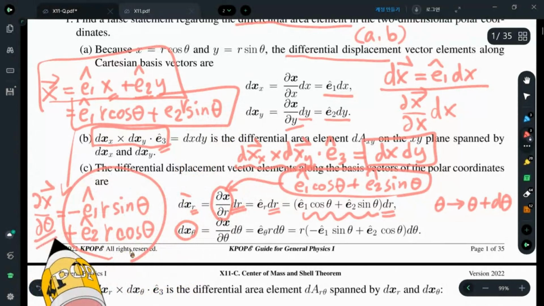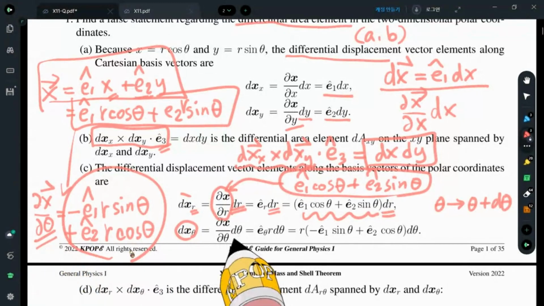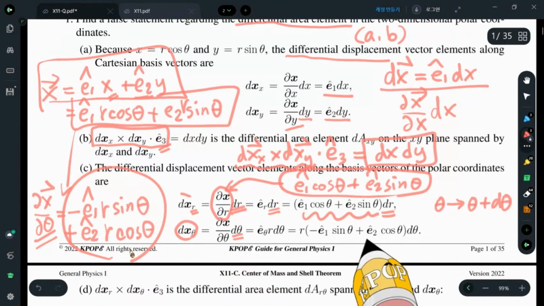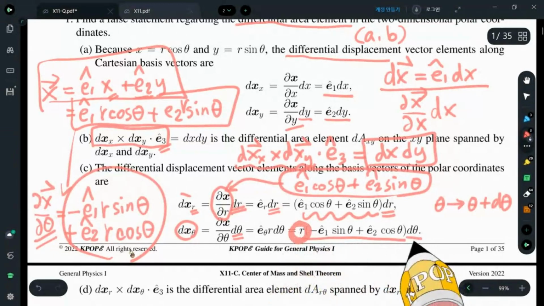This is the partial derivative of the position vector with respect to the angle theta. Now I need to multiply by d theta. Finally, what I get is this form, and we have the additional factor that is r.